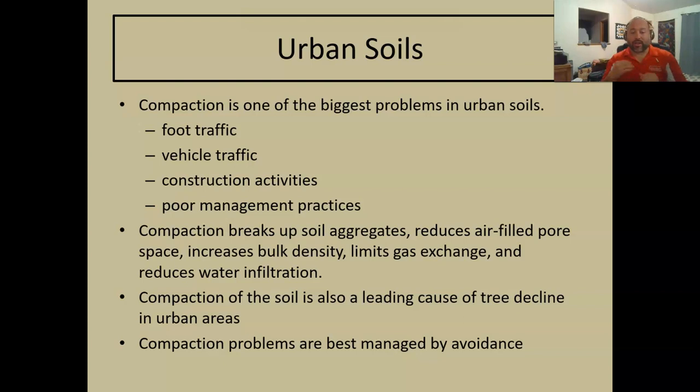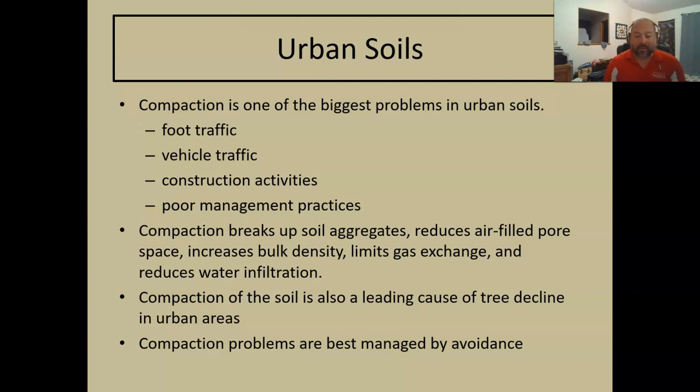If compaction gets bad enough, especially here in the Central Valley, it ends up becoming one big piece of soil, and that's how you get a hardpan layer, or a traffic pan if it's due to vehicle or foot traffic. Then you get increased bulk density, limited gas exchange, limited aeration capacity, because you don't have good macropores anymore, and reduced water infiltration, mobility, and permeability into the soil.